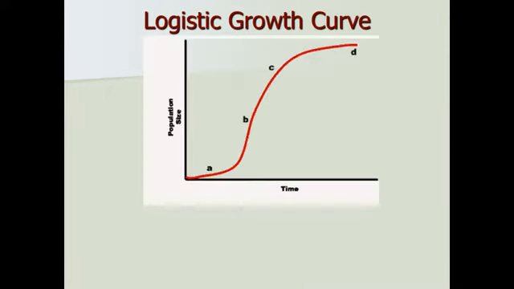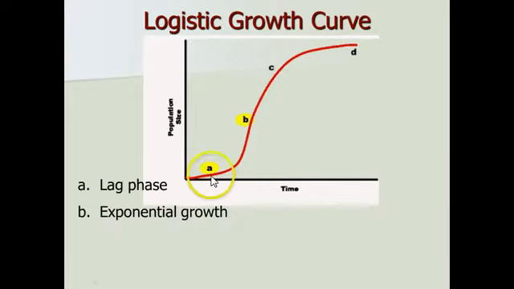Well, this suggests the next thing that we're going to talk about, which is a logistic growth curve. So here you see something which is not an exponential growth curve, although it looks like it at the beginning. In the first two phases, A and B, we see essentially an exponential growth curve up till about right here.